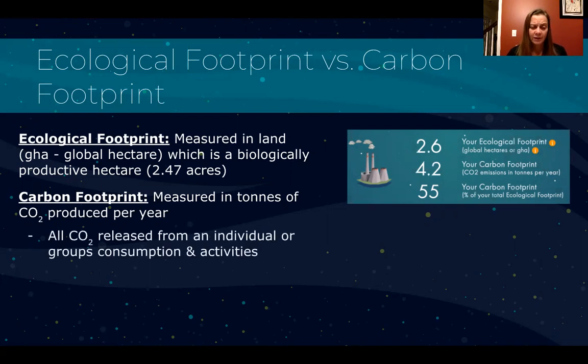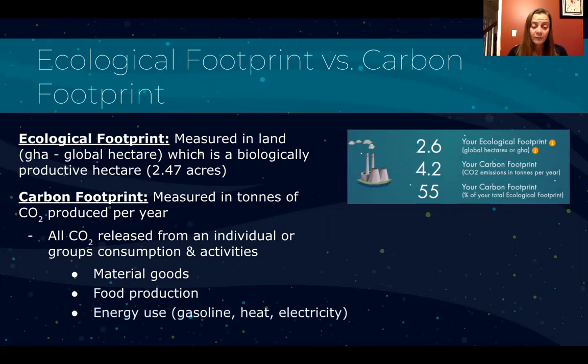It's how much carbon dioxide is released, again, by an individual or a group. And this again takes into consideration the amount of carbon dioxide that is released in production of your material goods, production of food, as well as energy use. And that is both electricity, heat, and the gas to fuel your cars.